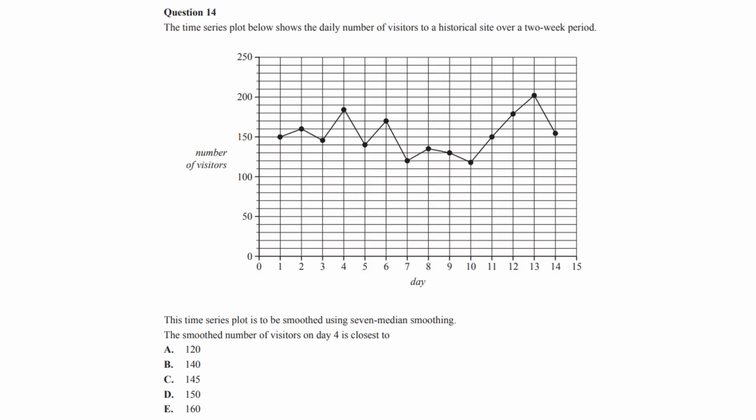Now, this actual question was using 7 median smoothing centered on visitor day 4, so centered here. So you've got to have 3 to the right, 3 to the left. So it's going to be on this line, but we've got to look at 1, 2, 3, 4, 5, 6, 7. And if I'm going to use a different color here, that's the top one, and then that's the next highest one.